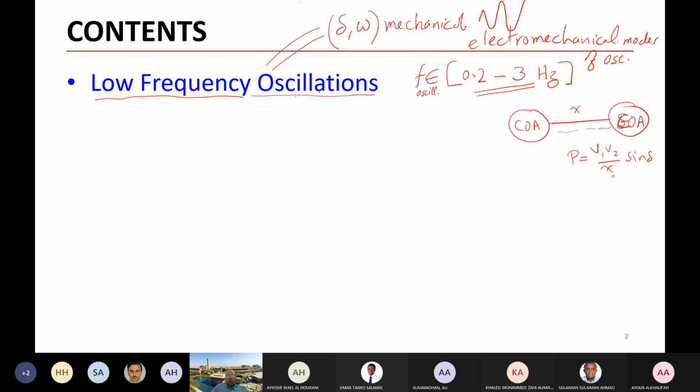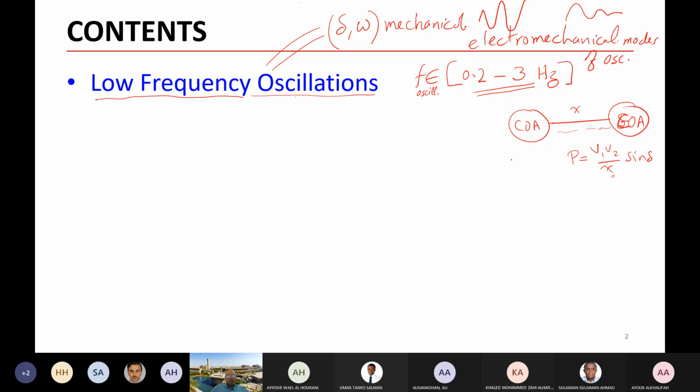If there is not enough damping in the system to damp out this oscillation, in this case we may isolate the operating areas. So we have system sectionalization or system separation, and this is a very, very crucial problem.